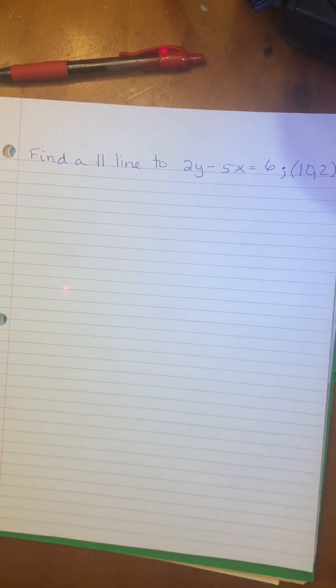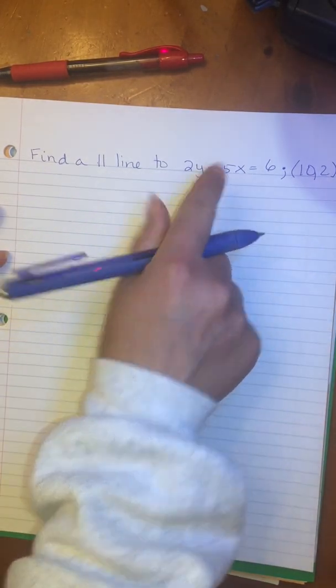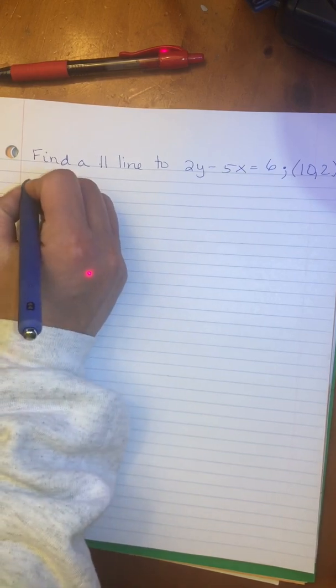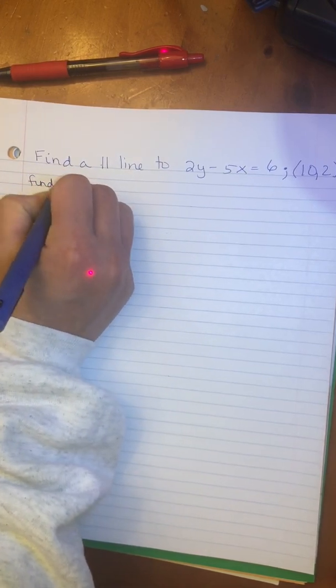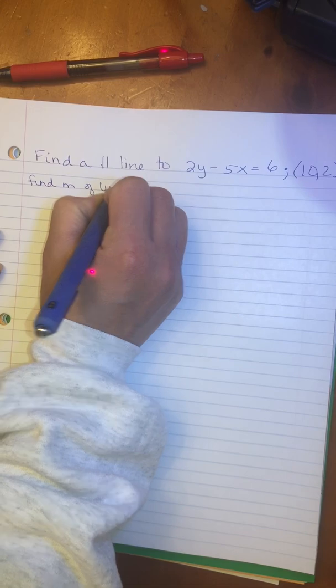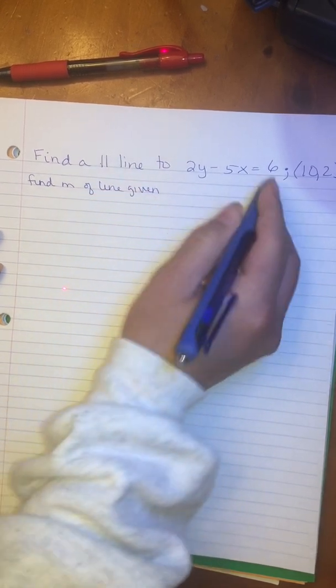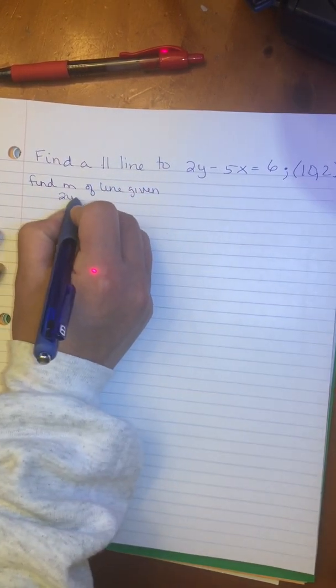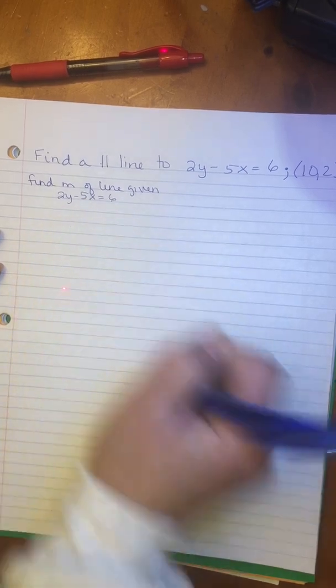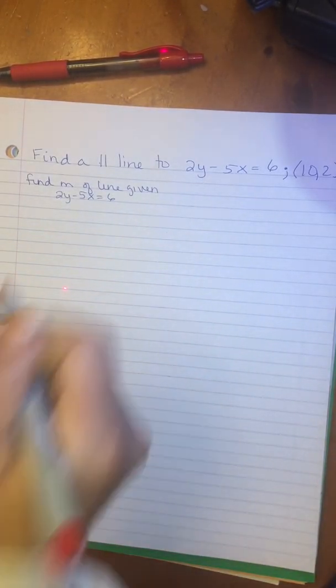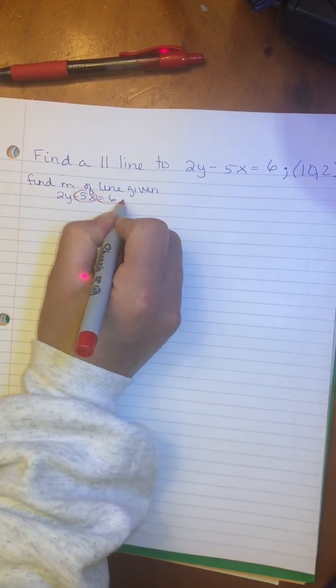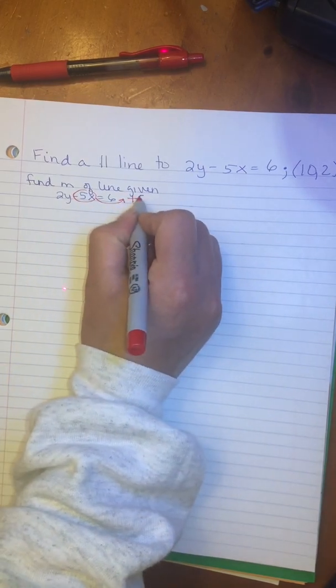All right, so here we go. I first, remember the steps, need to find the slope of the line given. Okay, so find m of line given. So I'm going to take my 2y minus 5x equals 6, and I'm going to solve it for y. So remember how we do that? Move the number with the x by doing the opposite.